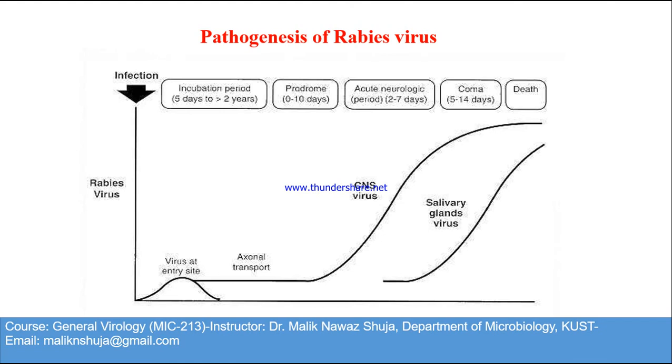The virus at its peak completely controls the nervous system, badly damages it, and its Negri bodies are distributed into different parts of your body, even the kidney and the eyes.